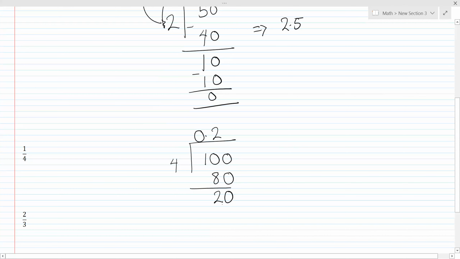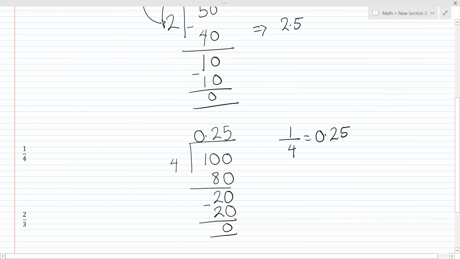This is 20. 20 divided by 4 is 5. Okay, what is 5 times 4? 5 times 4 is 20. 20 minus 20 is 0. So it means that 1 over 4 is 0.25. And just like that, it's just dividing and multiplying again and again, then subtracting, until you get to 0.